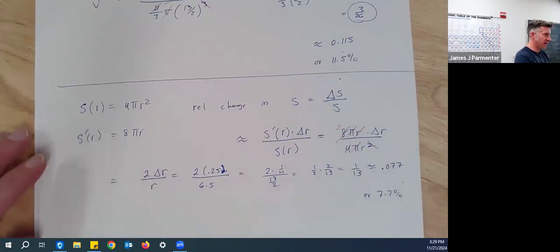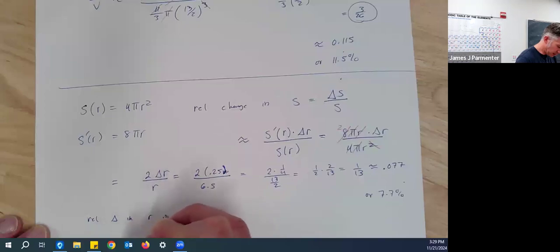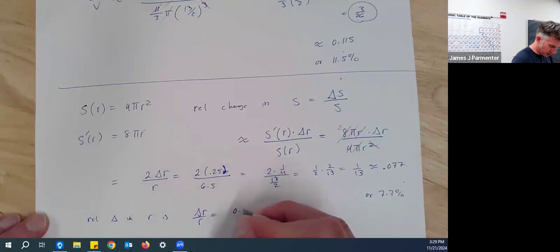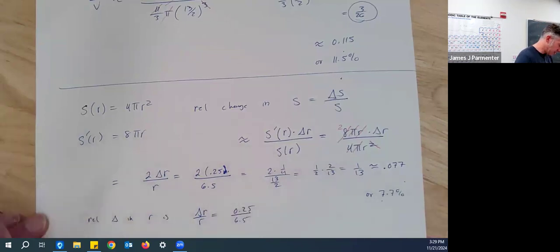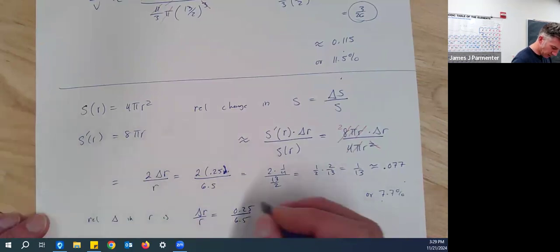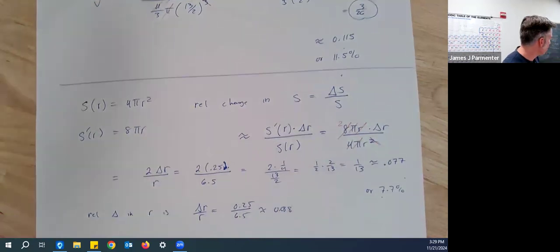And just so you can all see the fun math that's actually at play, if you think about how much you increase the radius by, the relative change in the radius is the change in the radius divided by the radius, which is 0.25 divided by 6.5, which should just be half of that, and it is, which is about 0.038.